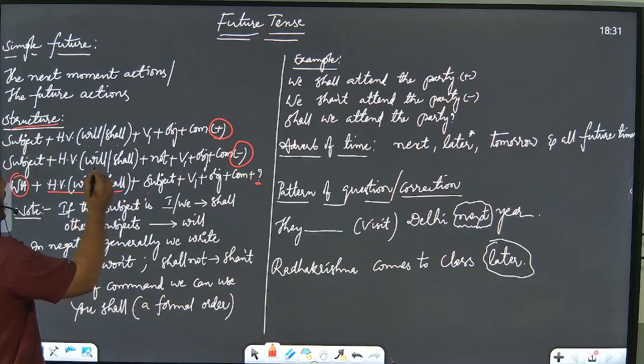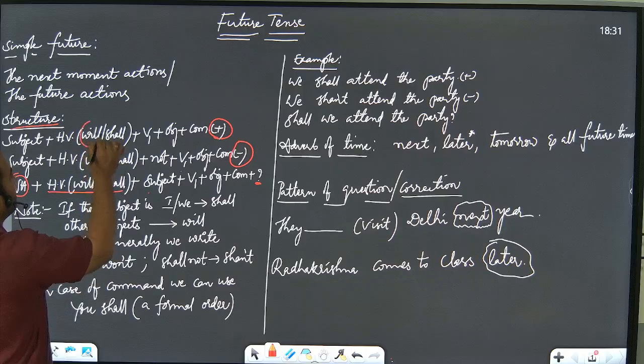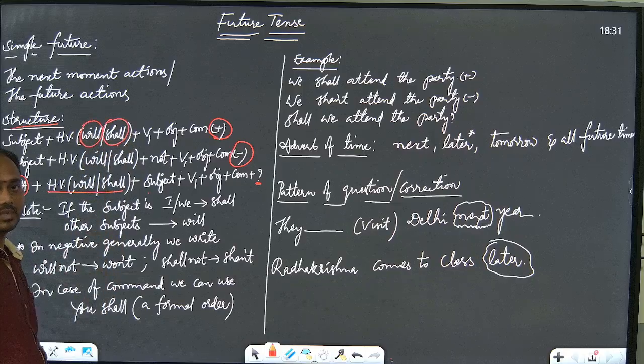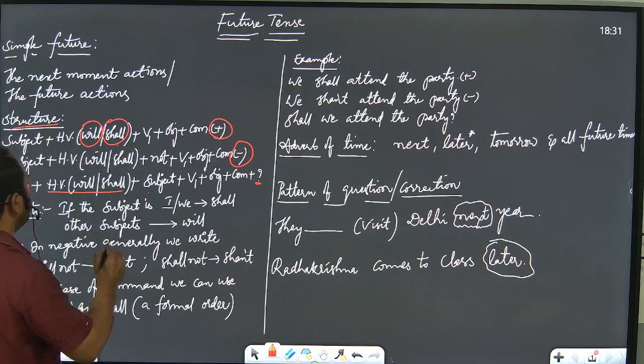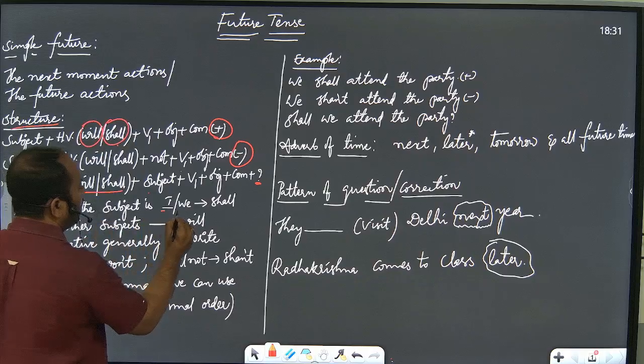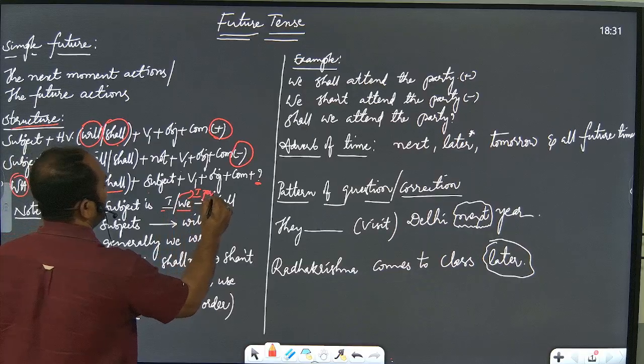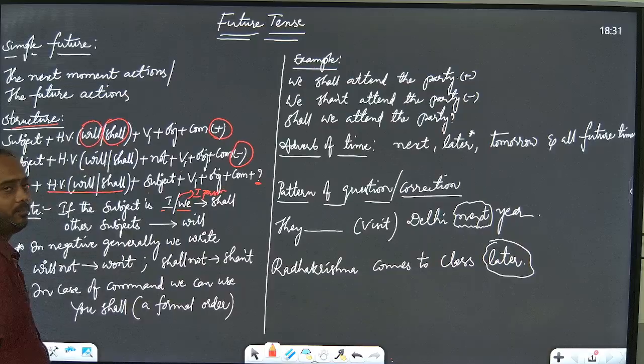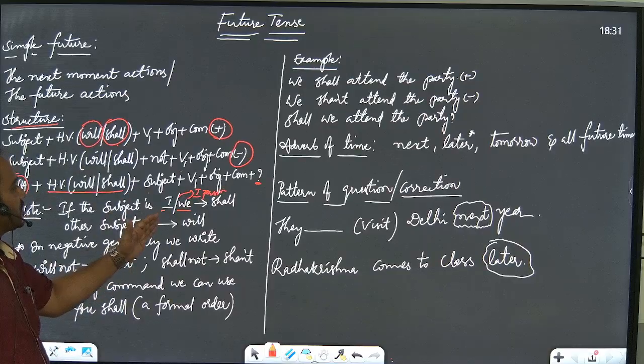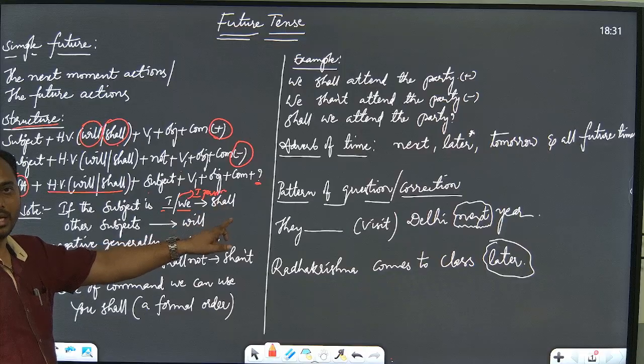As we have two helping verbs, will and shall, if the subject is I or we, that means the first person, singular or plural, we should use shall.